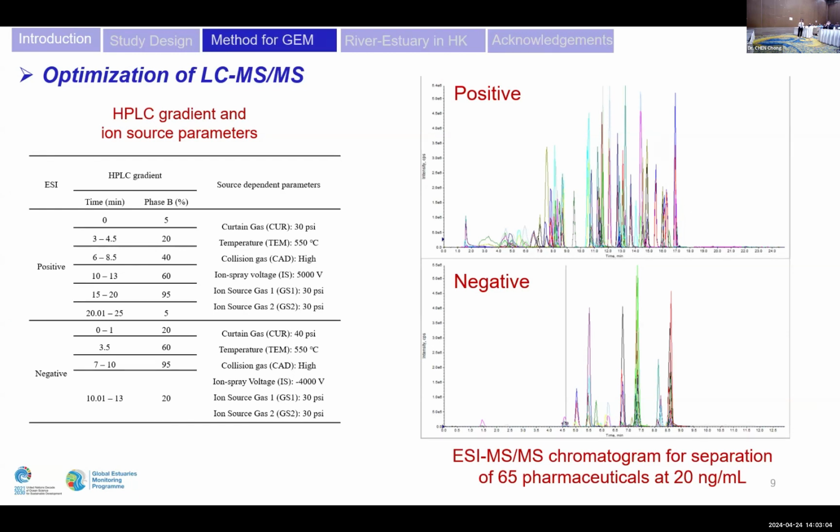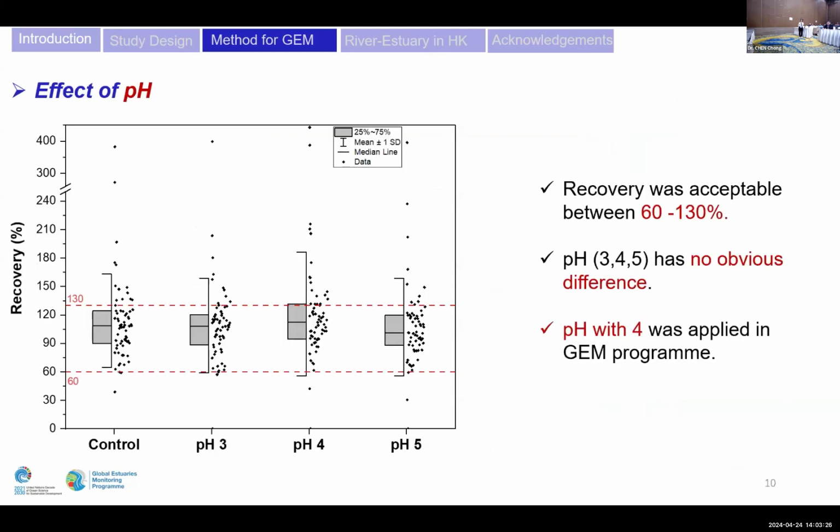And this TIC figure shows the positive and negative modes at 20 nanogram per milliliter. We can see that the peak resolution is very high and achieves a good performance for this analytical method.